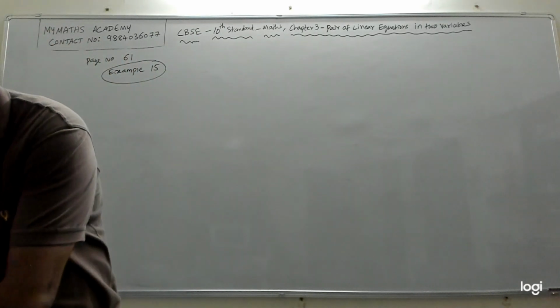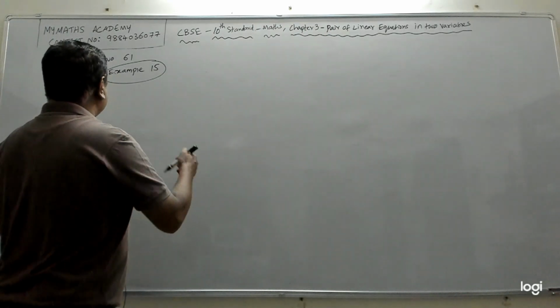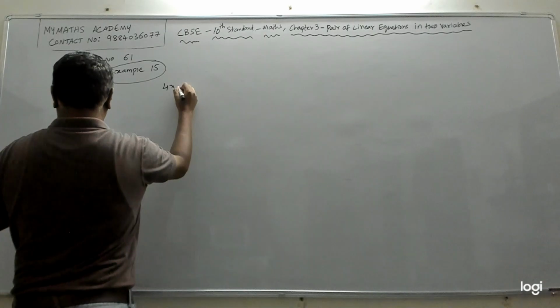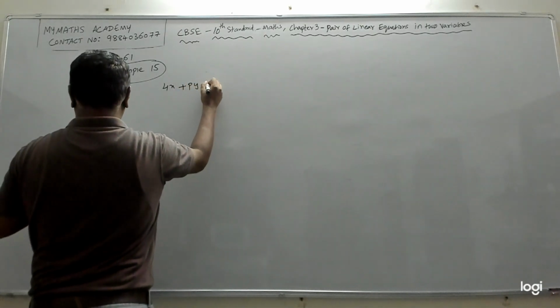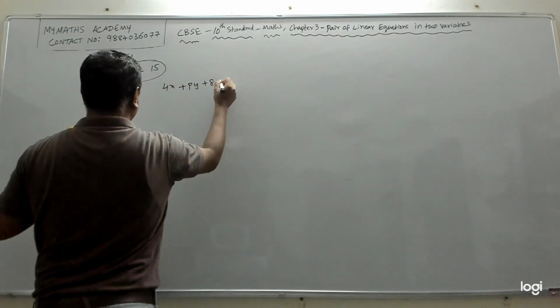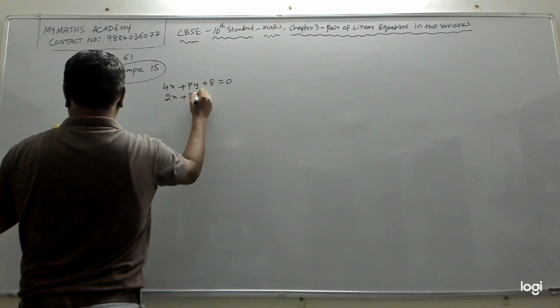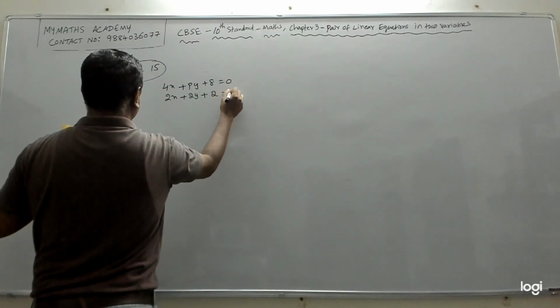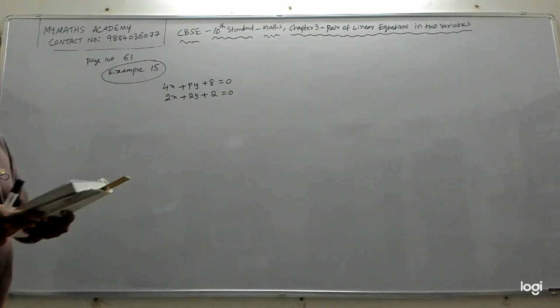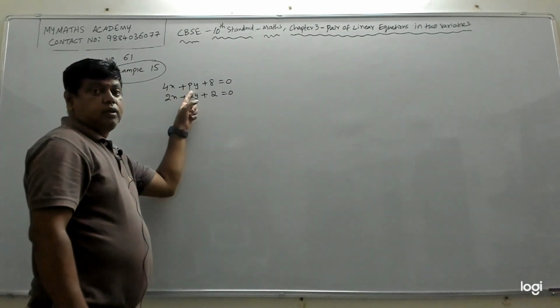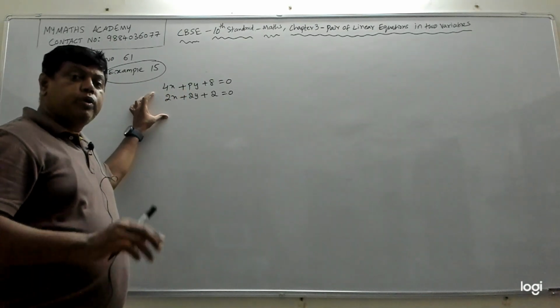The equations are 4x plus py plus 8 equal to 0, and 2x plus 2y plus 2 equal to 0.